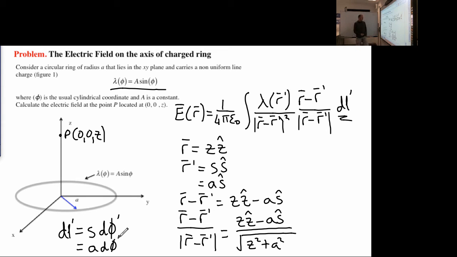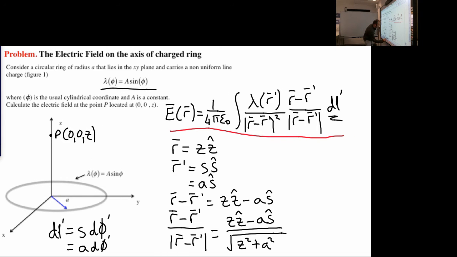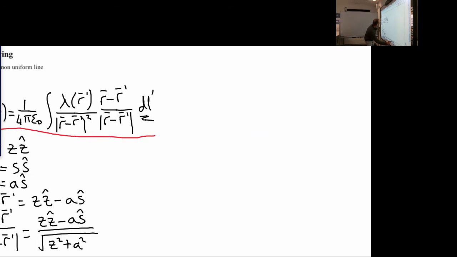And we're going to have to integrate this between 0 and 2 pi. Okay, so now we have all the information that we require. What we have to do now is just plug everything into this equation and then solve it. So let's just do that.